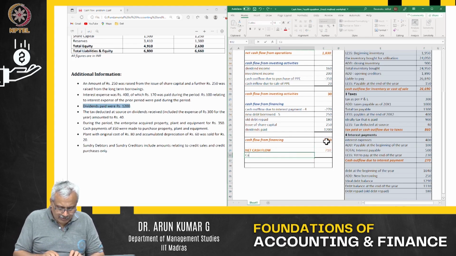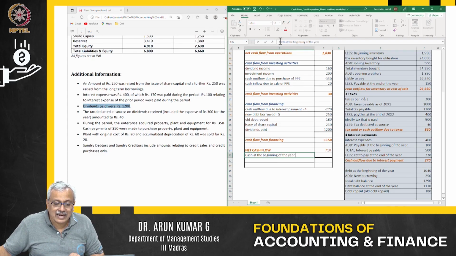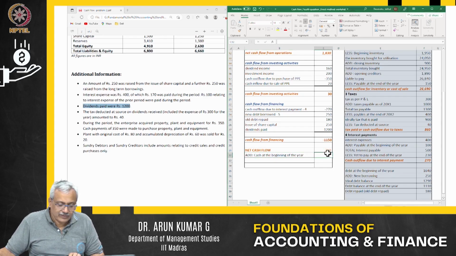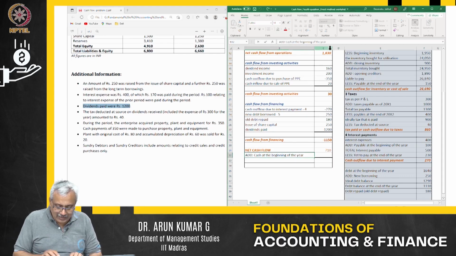What is the cash at the beginning of the year? I will add the cash at the beginning of the year. When I say cash at the beginning, I mean cash and cash equivalents.